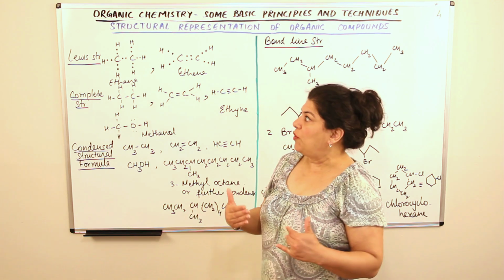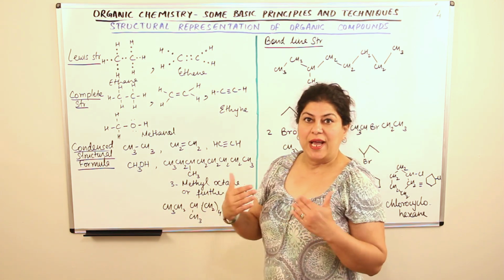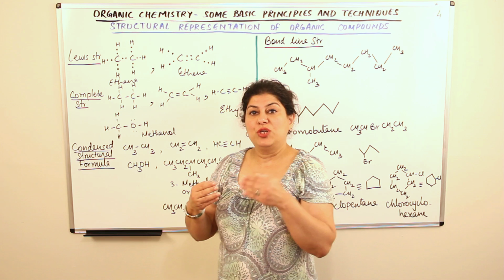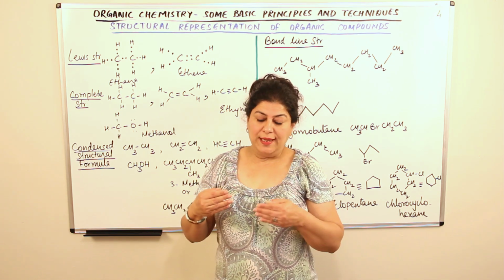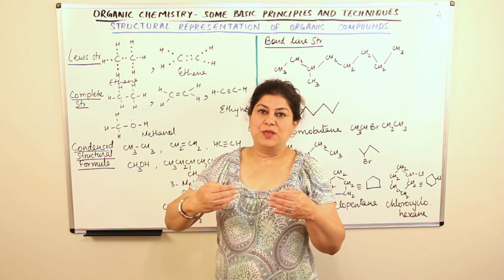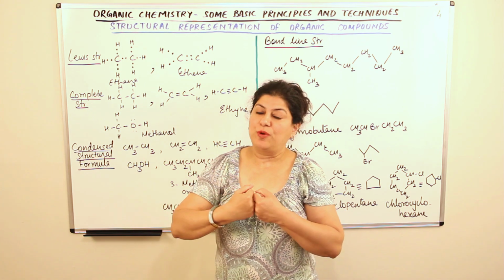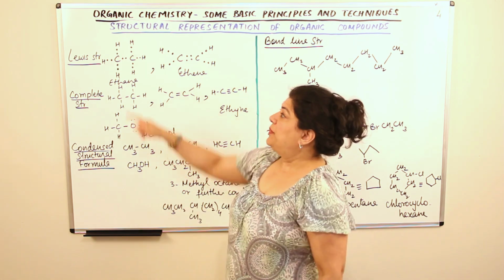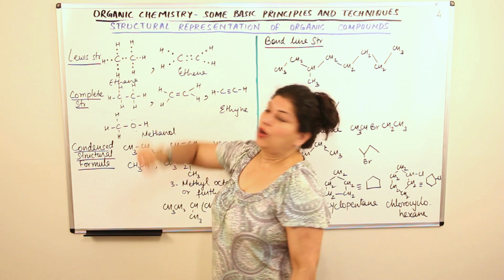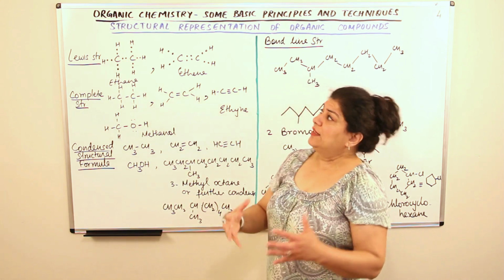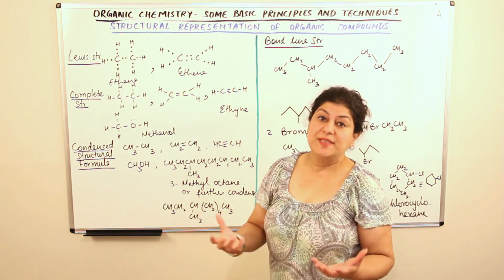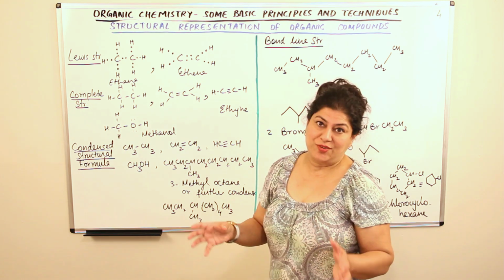In a covalent bond, it is assumed that each atom contributes one electron. So one electron from this atom and one from that atom result in the formation of a covalent bond, which is represented in the Lewis structure by two dots. So the very first way to represent molecules is by Lewis structures.